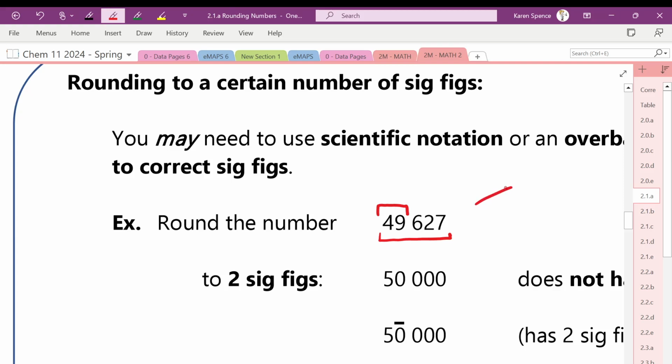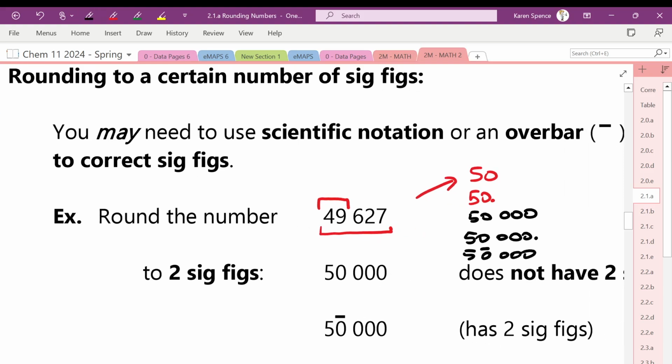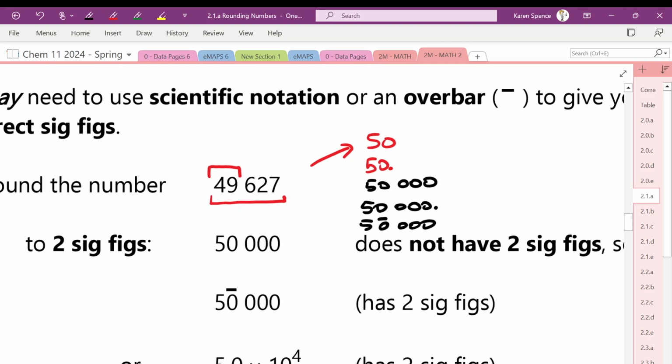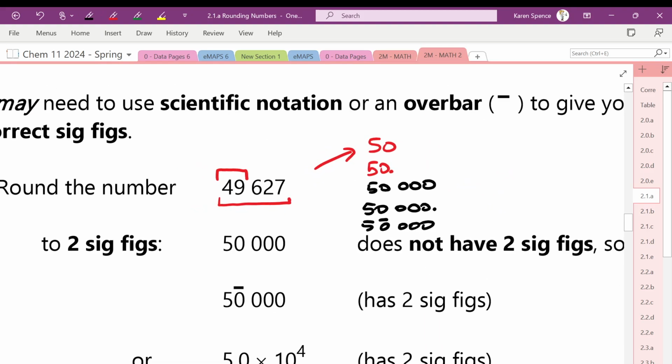First of all, should I round it to 50, or 500, or 5,000, or 50,000? Which of those is good, if I'm rounding to 2 Sig Figs?